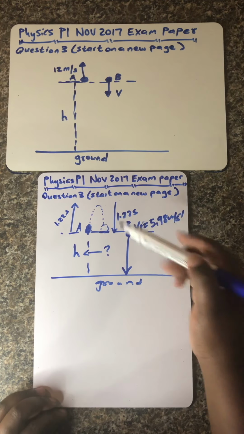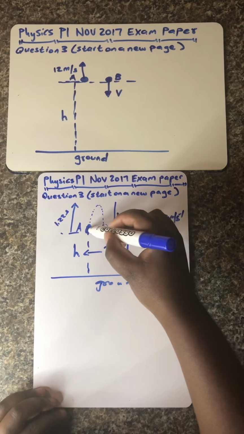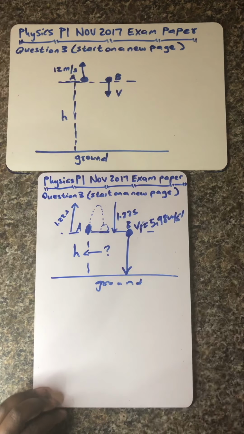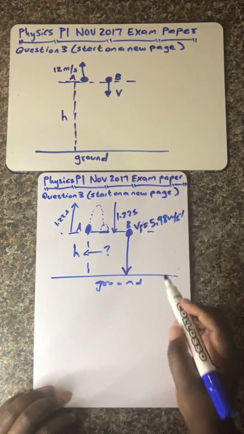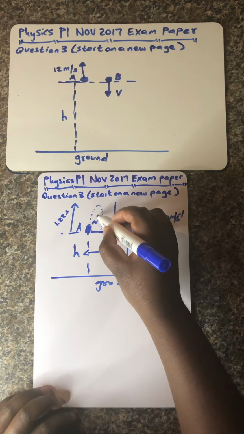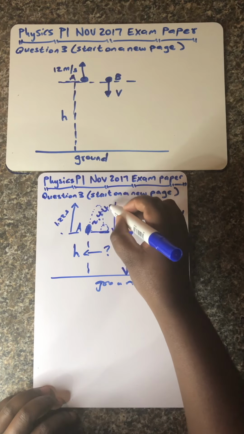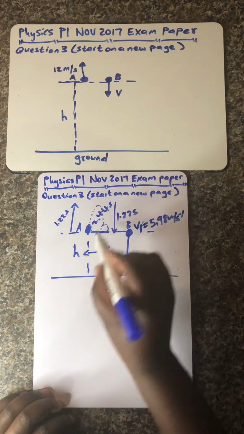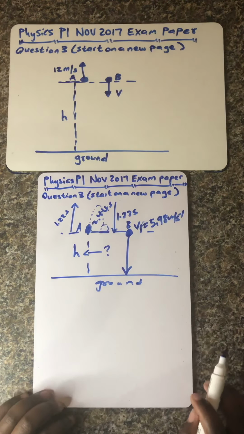time. So that means for this object to go up and to come down, it is the sum of these two. So it takes 2.44 seconds for this object to go up and down to the same level.